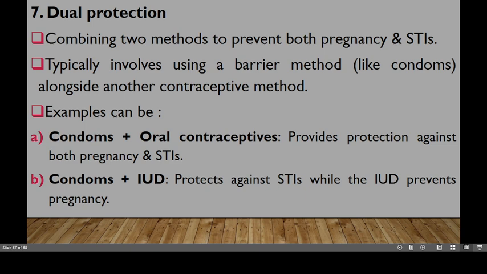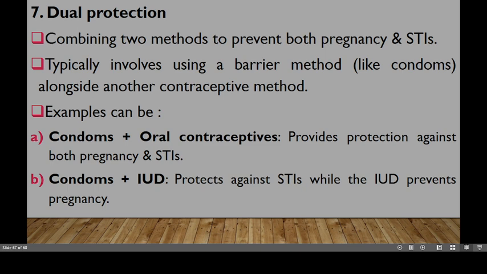All right, guys, now we go to dual protection. These are the kind of methods that we are trying to preach and make the population aware of, because this involves combining methods, and this will help prevent not only pregnancy but also STIs. It typically involves using a barrier method like condoms alongside another method.